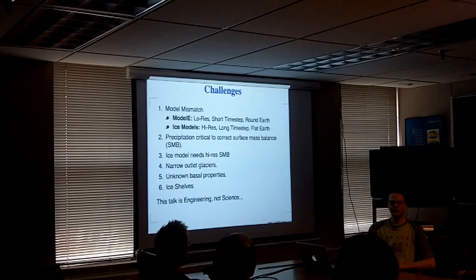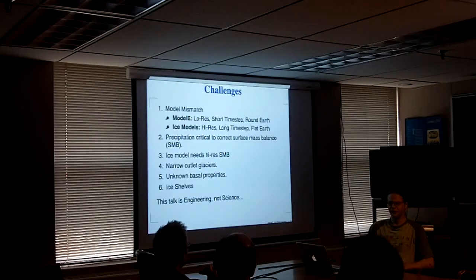They work in long time steps. Ice is like molasses, only slower. So you don't need this 1 hour, 30-minute type of time steps for the ocean or the atmosphere. It's more like a month. And the other thing, just the way the field has developed, all the ice models out there think the Earth is flat.